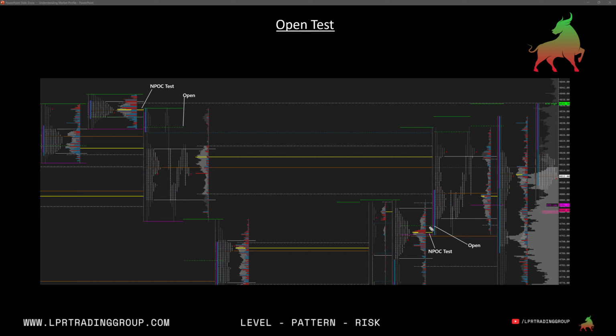We have another one here. This is the open price. That should be trekking through here. Period opens. We drive down. We test these naked point of controls again. Price holds, and we drive to the upside. If we cannot accept price below these naked point of controls here, which is a very critical area, if it cannot accept price below, build volume and start trading lower, we just expect a test of that area.